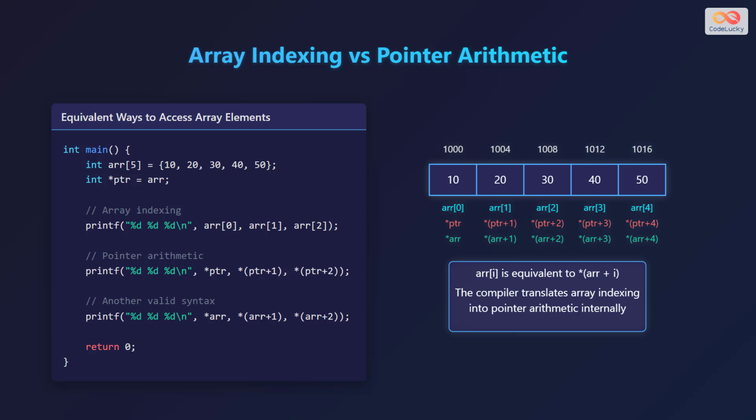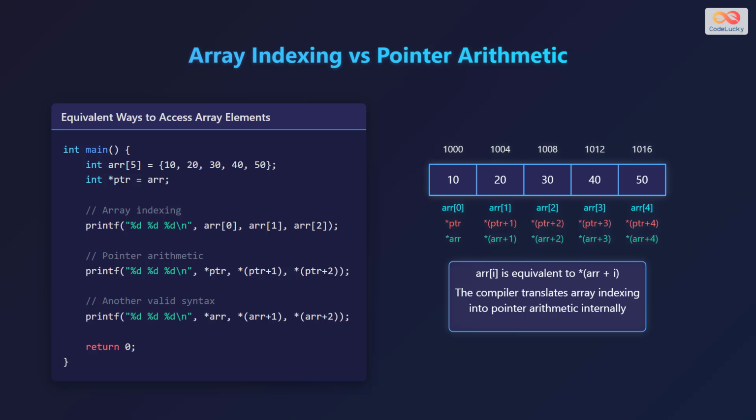Second is pointer arithmetic using *ptr, *(ptr + 1), and *(ptr + 2). The third method uses the array name as a pointer using *arr, *(arr + 1), and *(arr + 2). All 3 methods are equivalent and will produce the same output.